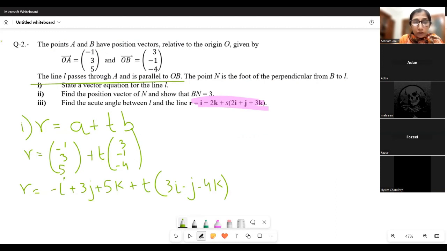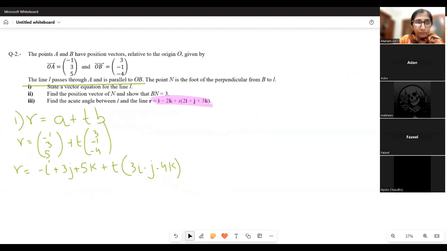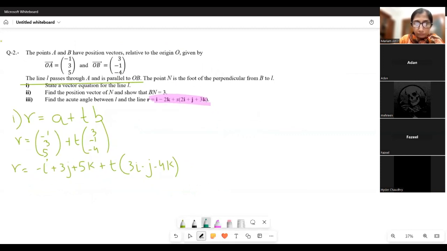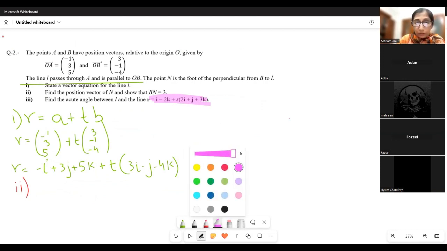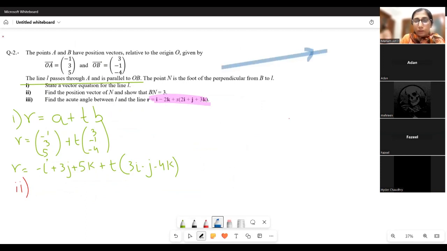Part 2: find the position vector of N and show that BN equals 3. Okay, now what is N? Line L passes through A and is parallel to OB. Let me just draw all of that. So there's a vector and we have its vector equation, which is r equals (-1, 3, 5) plus t(3, -1, -4).